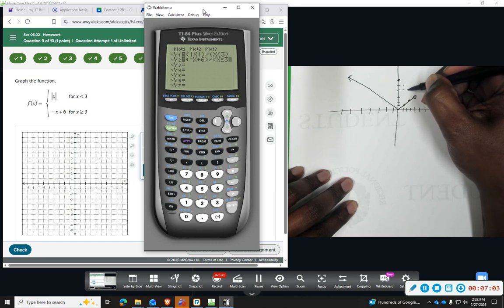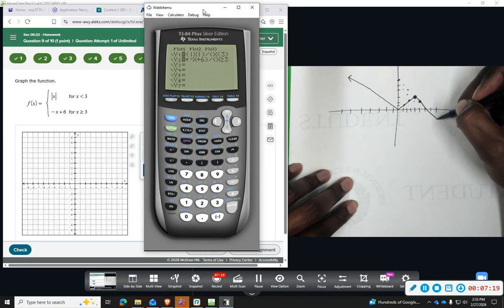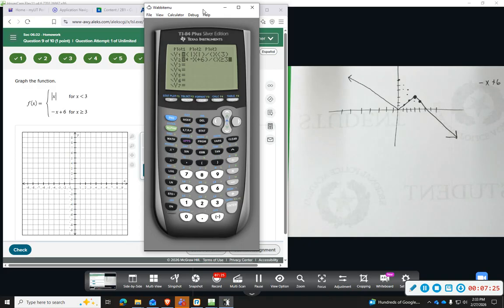So this is x equals 2. Down 1, right 1. So it picks up pretty much right here where that open circle was. And then it continues to go down 1, right 1. So it's like the graph just kind of flips that part and goes like this. So this is what we're going to see in the calculator once we hit graph.